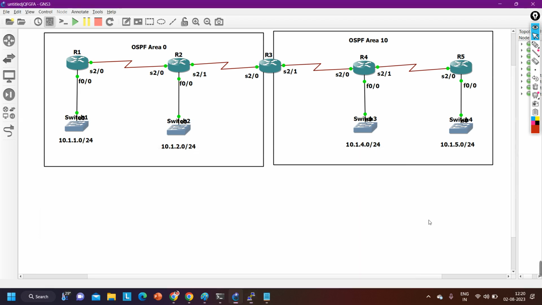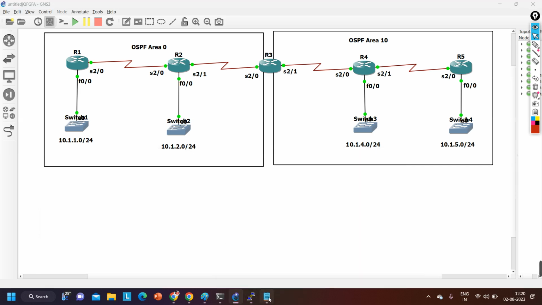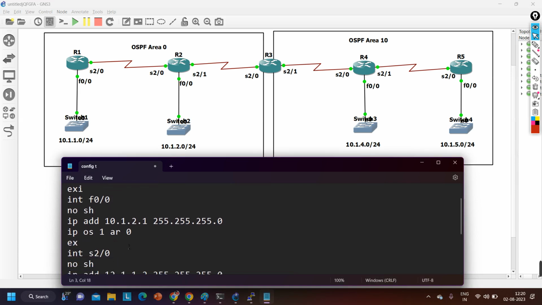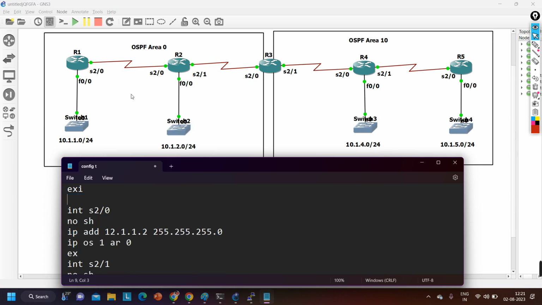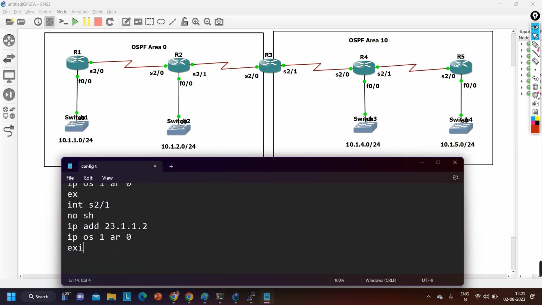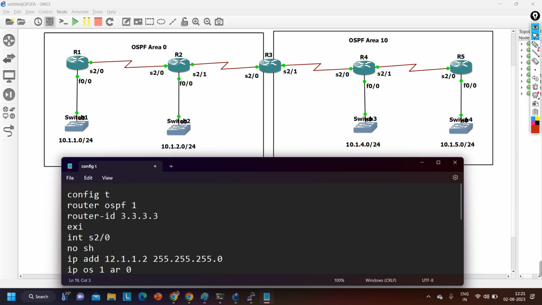Okay, now R3. The router ID on R3 will be 3.3.3.3. Fast ethernet 0/0 is not required on R3, so let me cut this from here and paste it at the end.